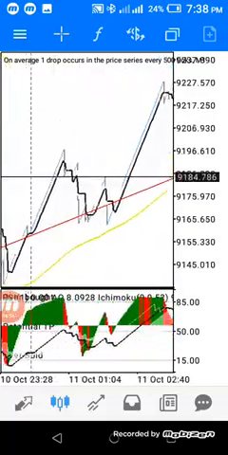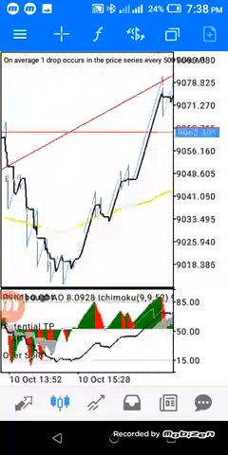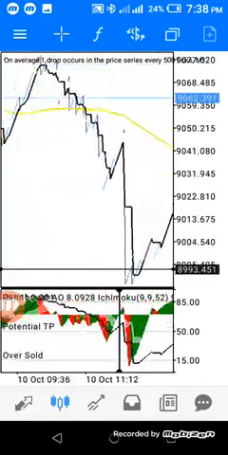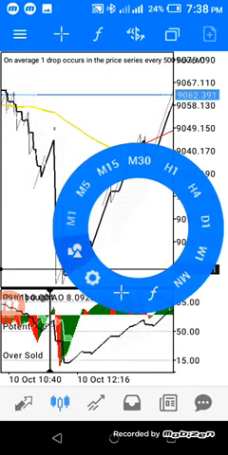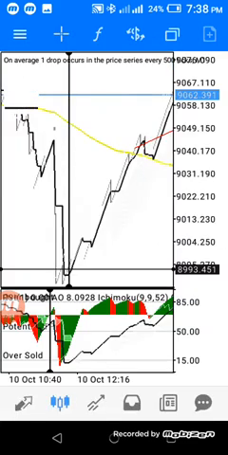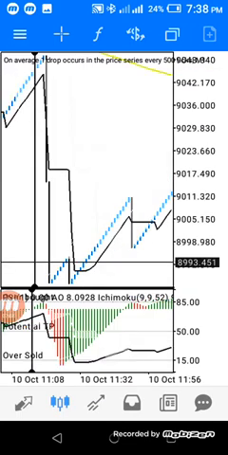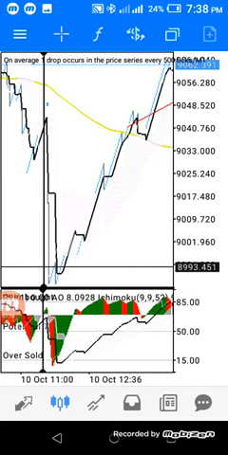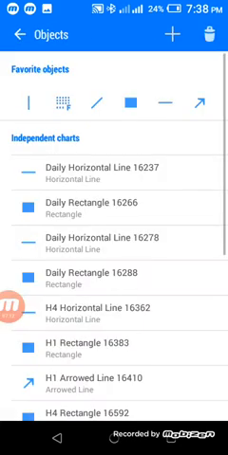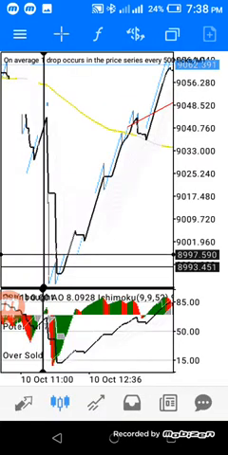Where is that place actually? Yeah, so okay, this is it here. So as I explained before, our entry is going to be on this horizontal line here, then our take profits will be somewhere here immediately it hits the 50 level.